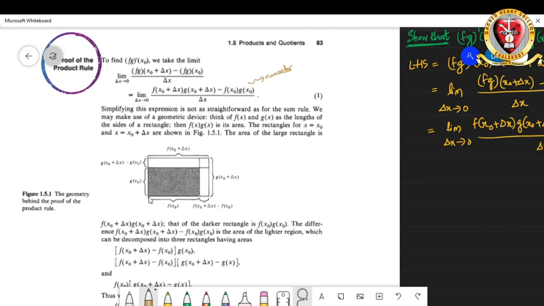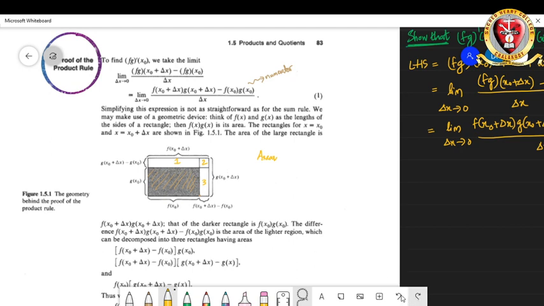Now since this is f of x naught and this is g of x naught, the area of this section, the gray section, will be f of x naught into g of x naught, right? And the whole area will be f of x naught plus delta x into g of x naught plus delta x. And we can consider these three sections too.